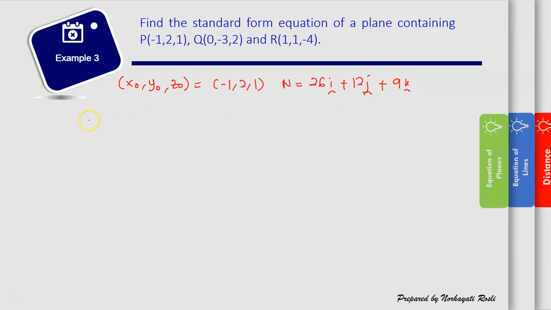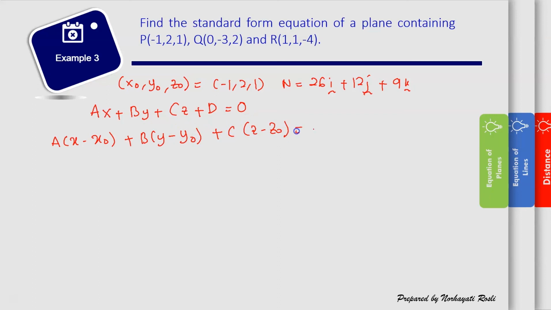we want to find the standard form of the equation Ax plus By plus Cz plus D equal to 0, we will form first the equation A(x minus x0) plus B(y minus y0) plus C(z minus z0) equal to 0.